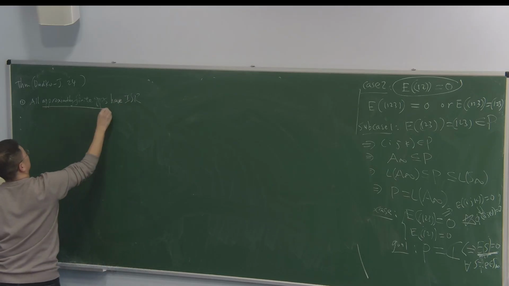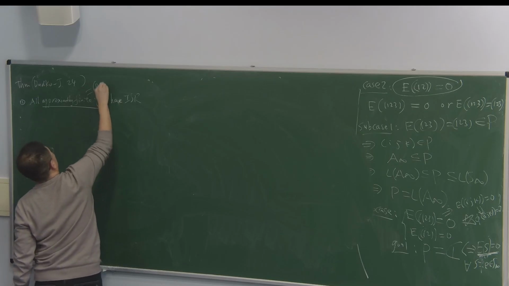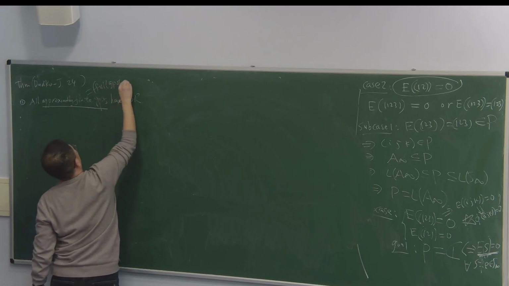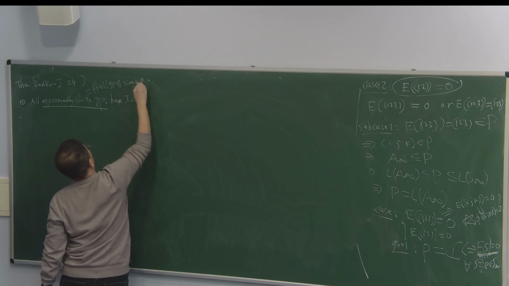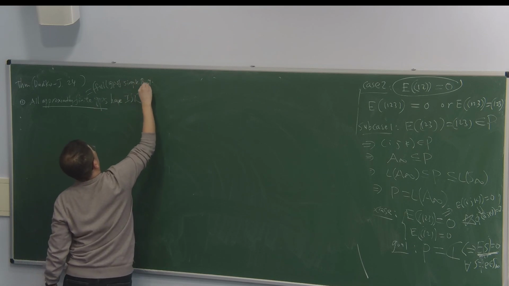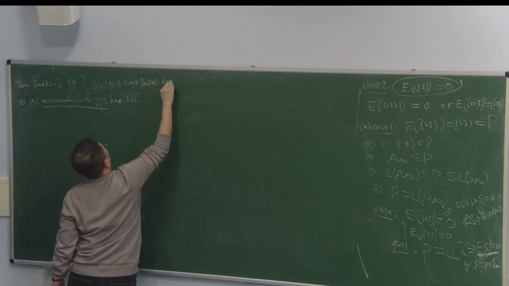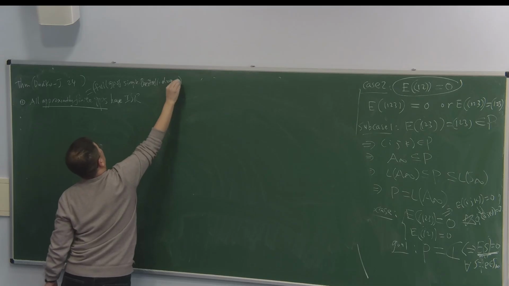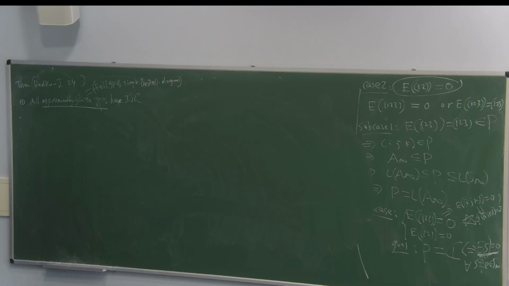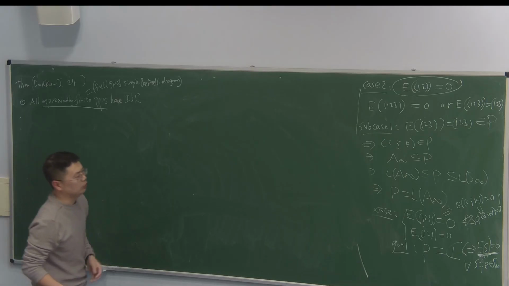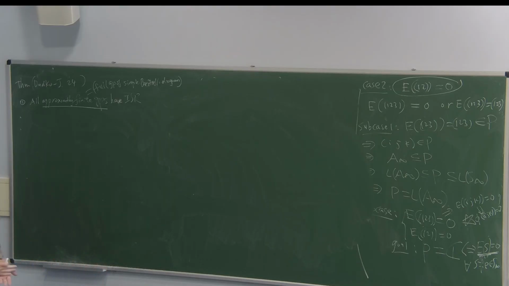This is defined as the full group of a simple Bratteli diagram. The proof is much more complicated compared with this one, but it does use some character argument. I will not mention the proof here.